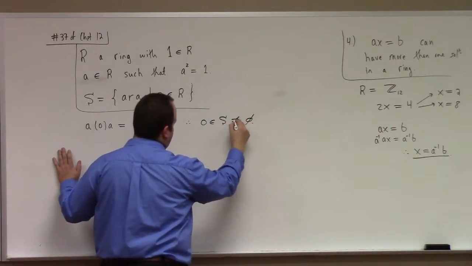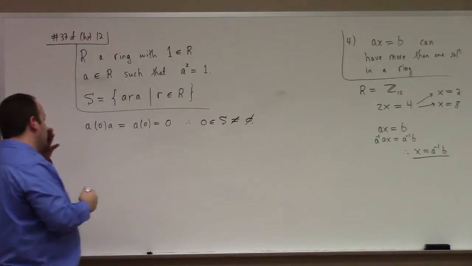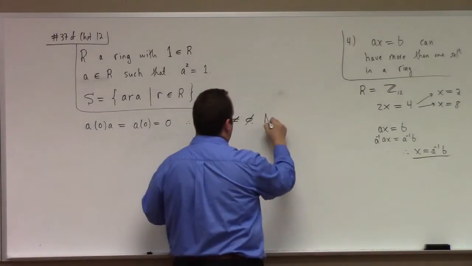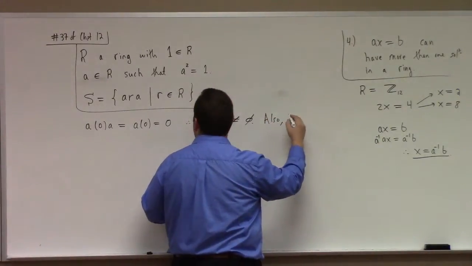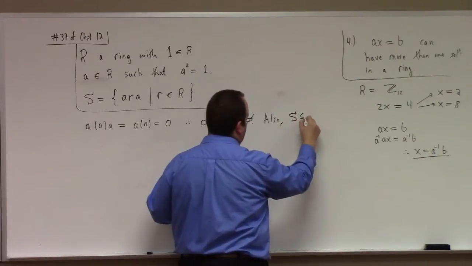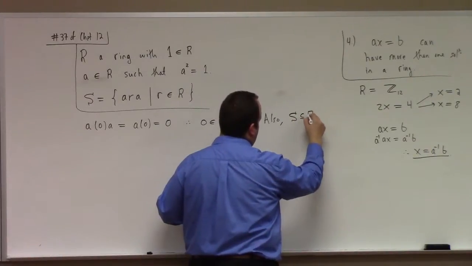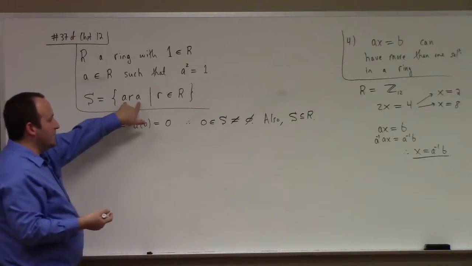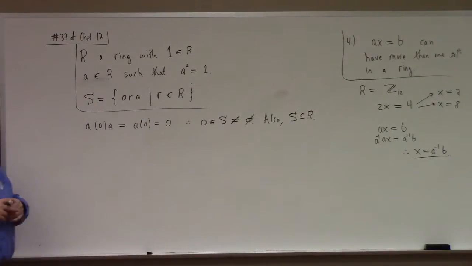All right, we always have to check S is non-empty. Great. I would also point out that S is clearly a subset. By inspection, essentially, S is a subset of R, right? I don't always say that, but technically we should say that. We do need it as a subset, and it's clear that it's a subset because it's formed from multiplication of things in the ring, so by the closure of multiplication.